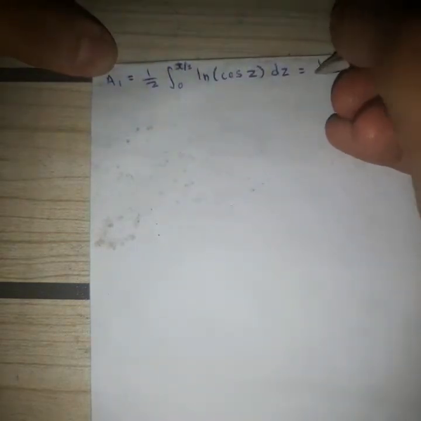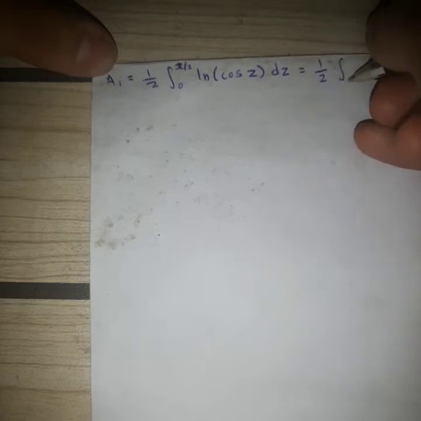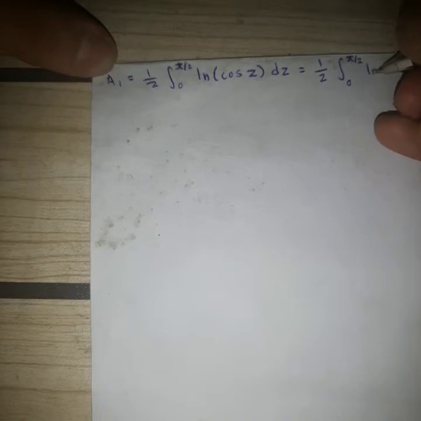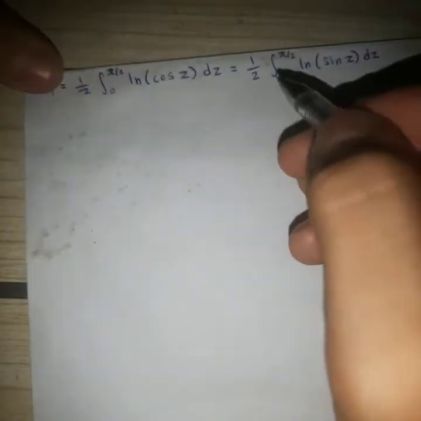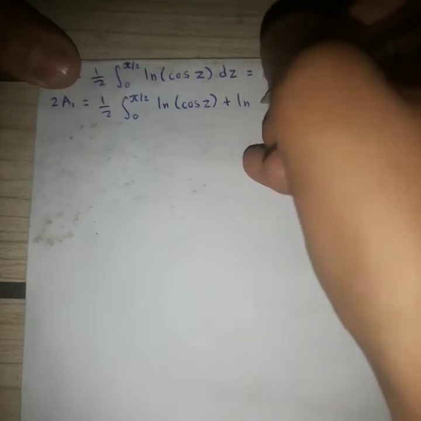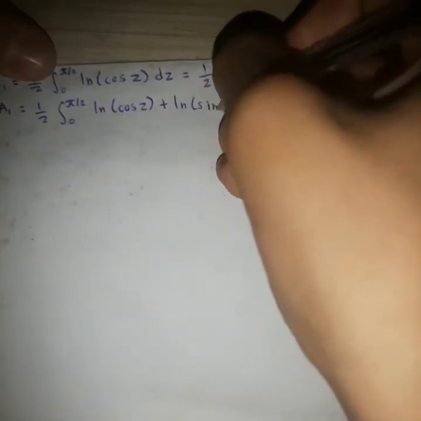So by using the king rule of integration, this is the same as 1/2 times the integral from 0 to pi over 2 of ln sine z dz. So by adding these two integrals, we will get 2a sub 1 is equal to 1/2 times the integral from 0 to pi over 2 of ln cosine z plus ln sine z dz.